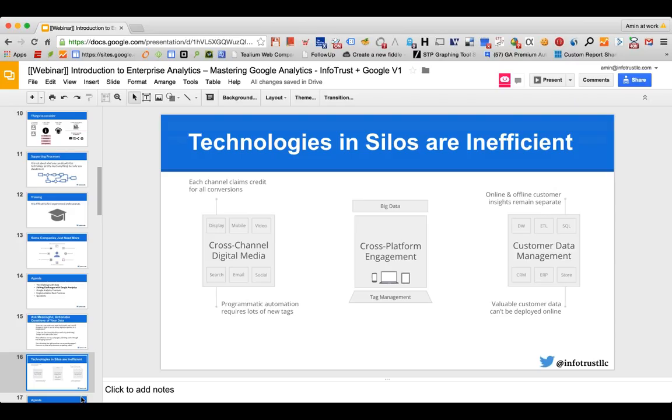Here you get all the technologies that help your organization to effectively manage your media buying. So you can have tools here that can give credit for conversions to specific channels. You can talk here about reservation buying, programmatic, buying audience in real time. All this technology that shape the cross-channel digital media landscape.